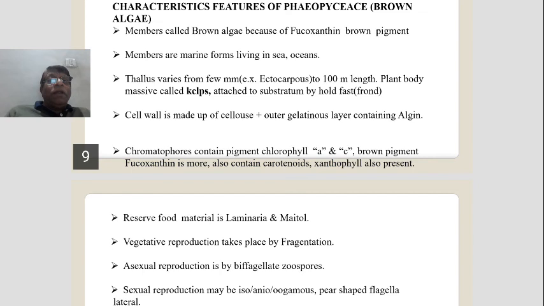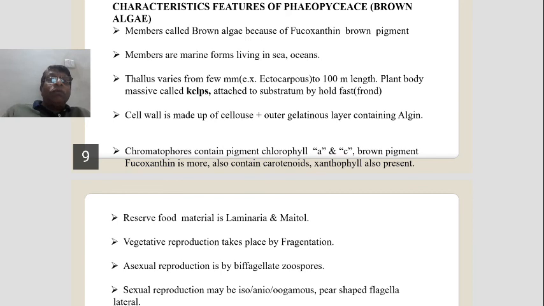Example, Laminaria, such a big, massive body, we call kelps. It is attached to the substratum with the help of a holdfast. The thallus we call frond.